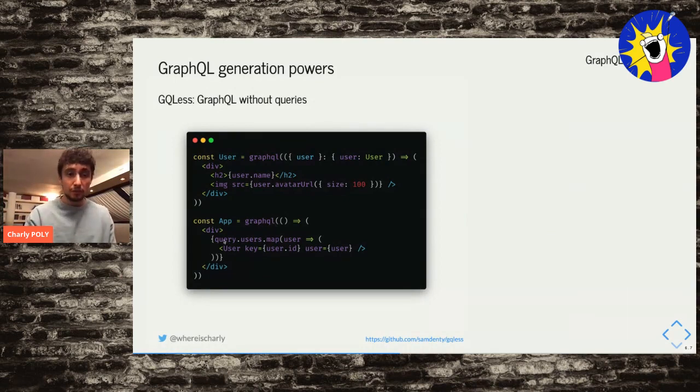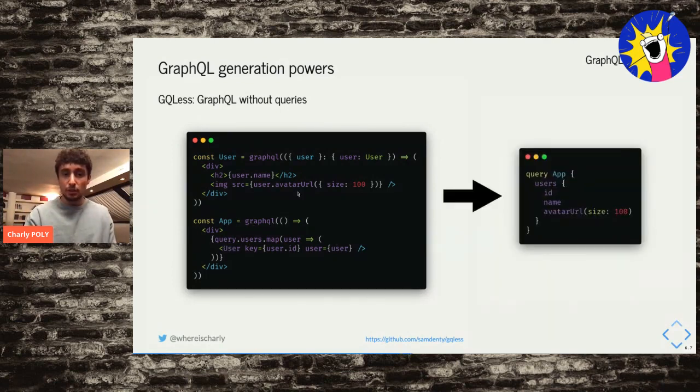And here we have a global query value. It's not really global, it's like a local query value. Basically what it does is that it looks at all the properties that have been used inside query, and infers what is the GraphQL query that needs to be called.